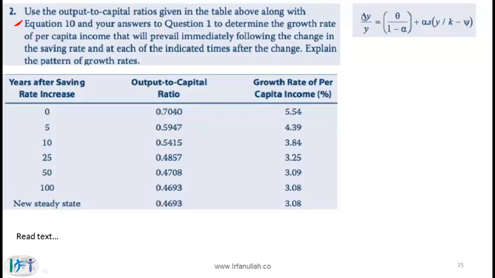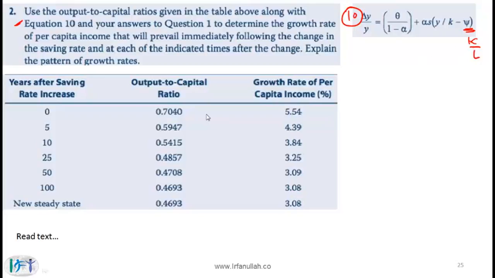Now this is equation 10, and again, while this is part of your curriculum, I really doubt that you need to memorize this relationship. This expression over here is psi, this is the K over L that we saw earlier. So I think remembering this is overkill.